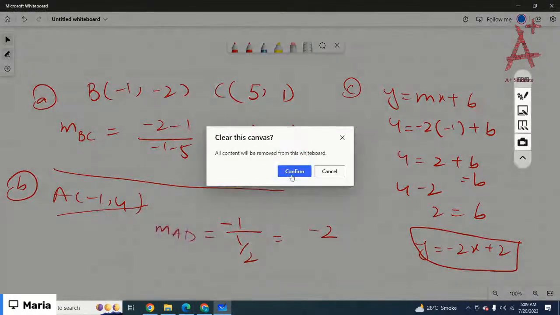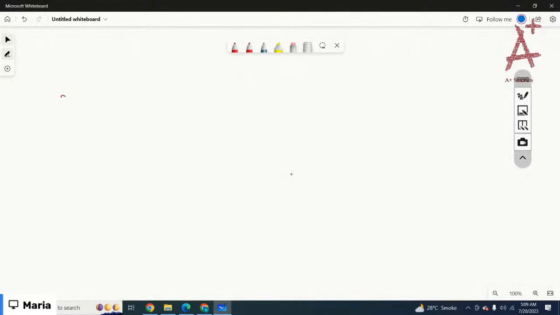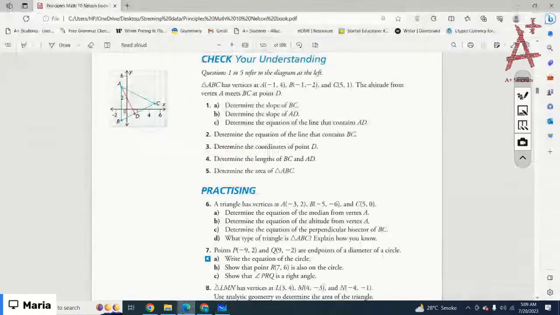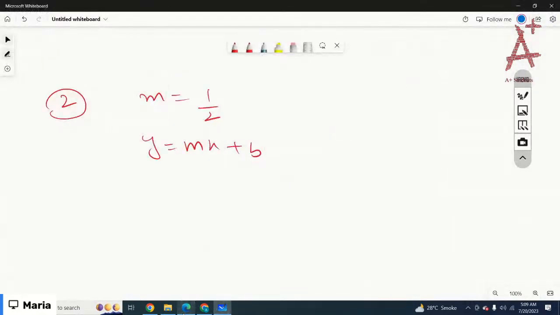Now I'm doing question number 2. So the slope is 1 over 2 and y equals mx plus b. I'm going to use the point C that is (5, 1). So 1 equals 1 over 2 times 5 plus b.